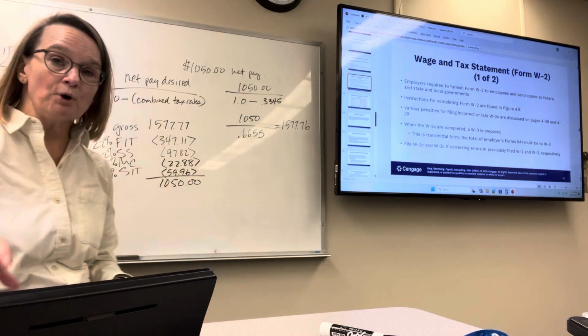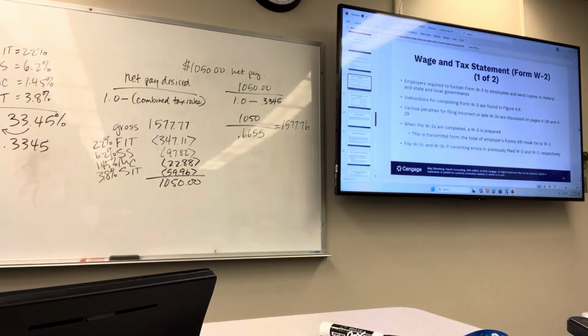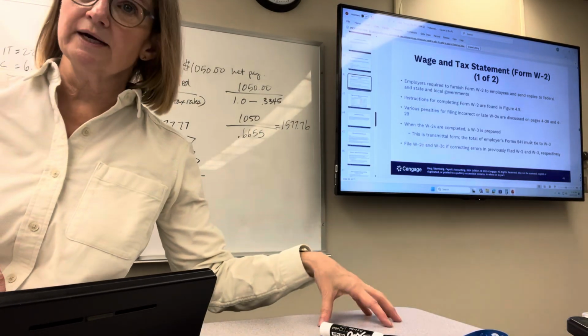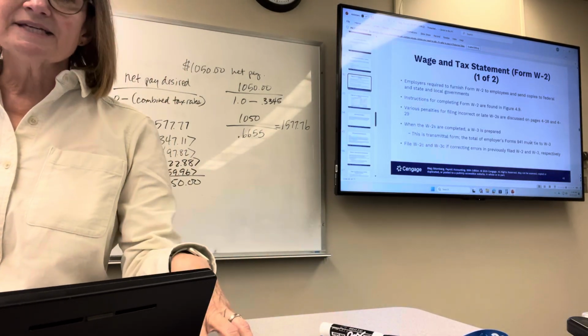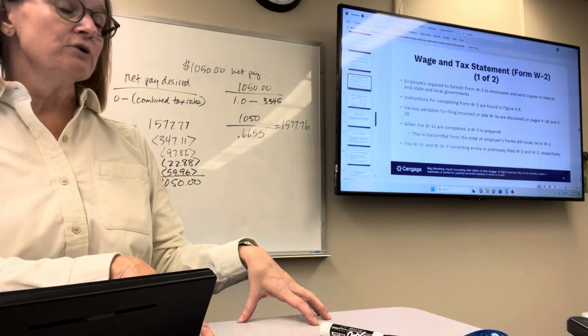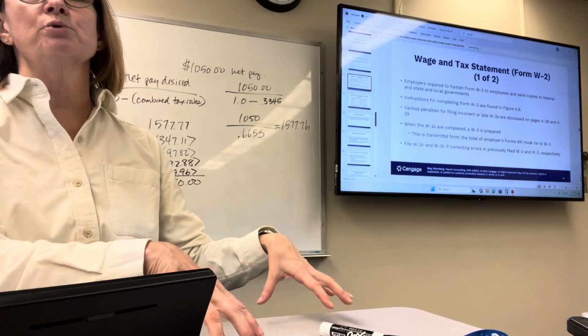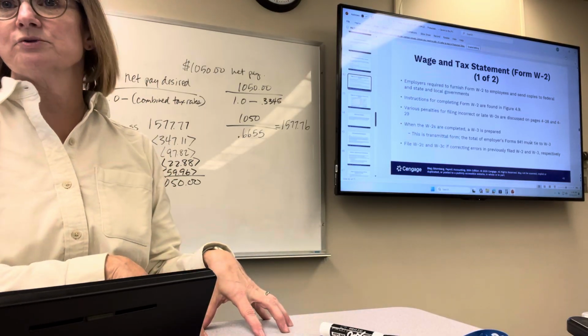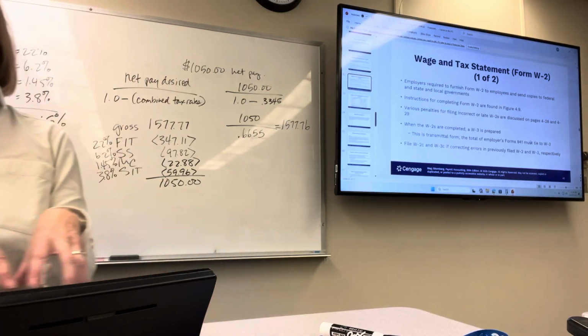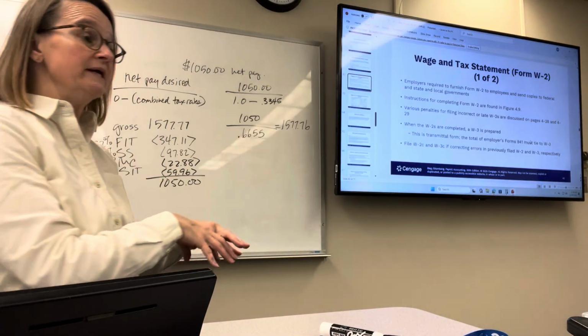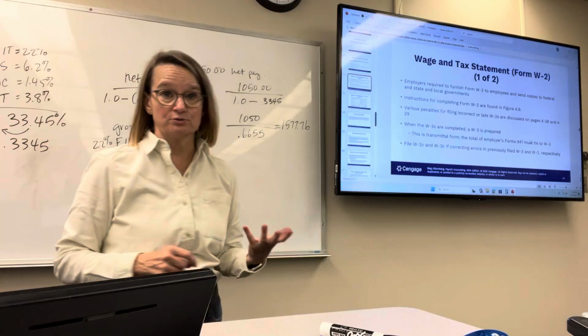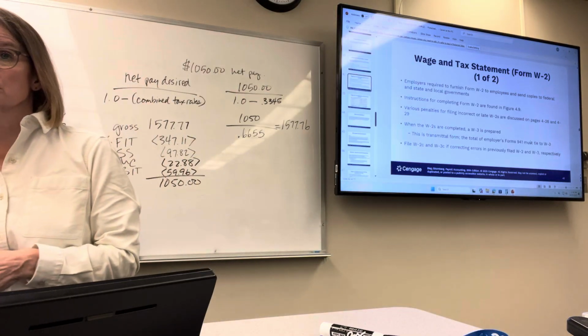So the purpose of the form is to report both to the IRS and to the state how much the employee earned during the year and how much the employee had withheld from their paycheck during the year, but then also to provide that information to the employee so that they can prepare their individual tax return.